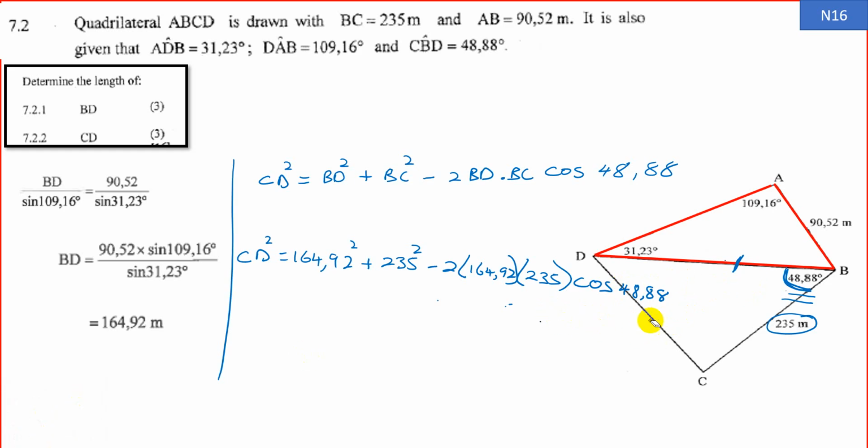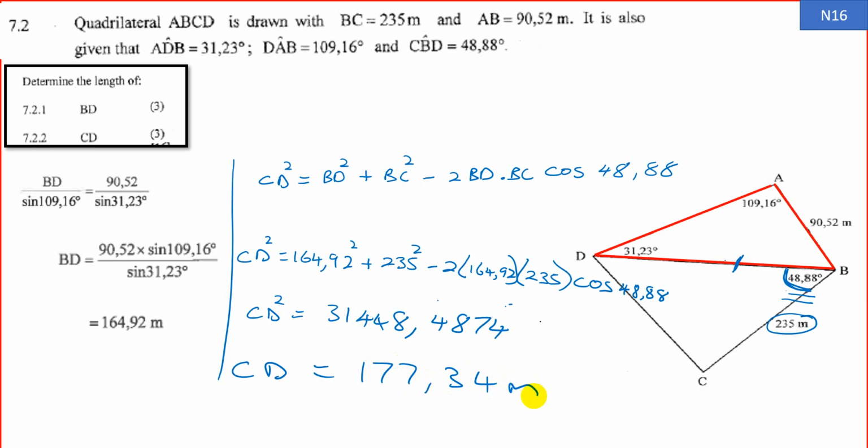If you type that on a calculator, you would get CD squared is equal to 31448 point, and we don't want to round off as yet. We'll round off in the last step, and then we can square root that. And if we square root that in our calculator, we should get 177.34 meters. And that is a question that uses the sine rule and the cosine rule.